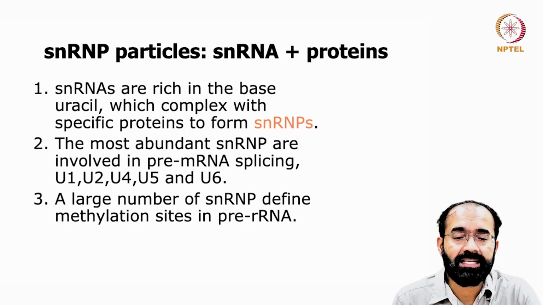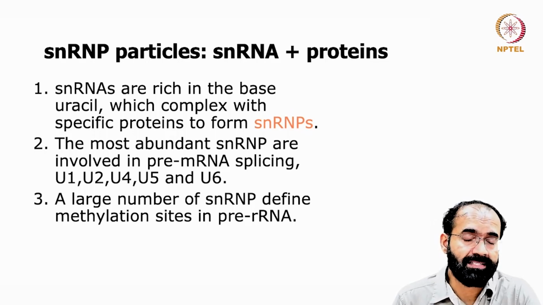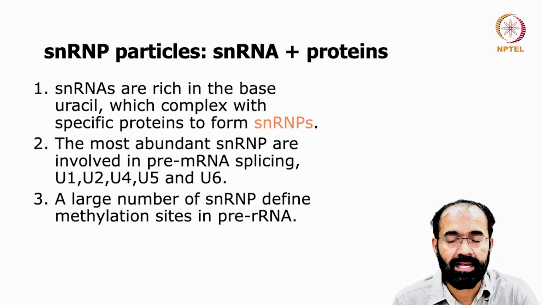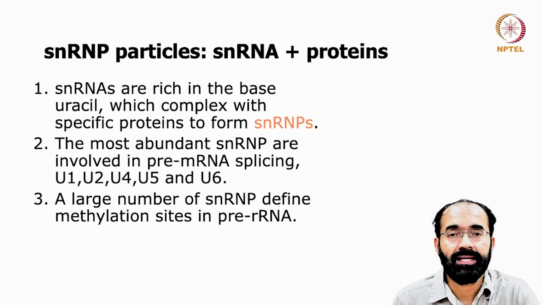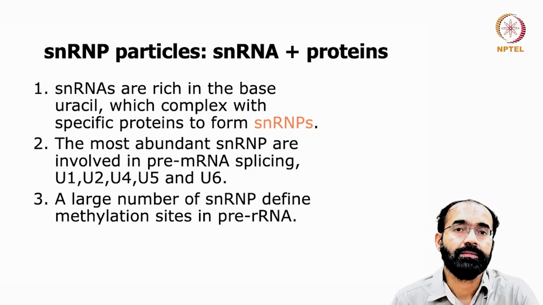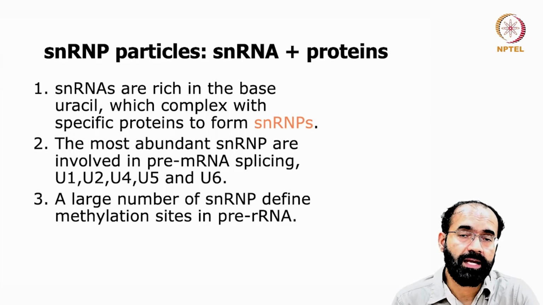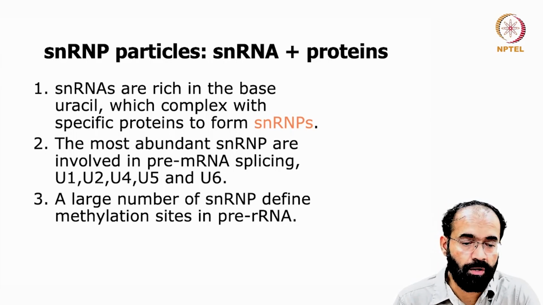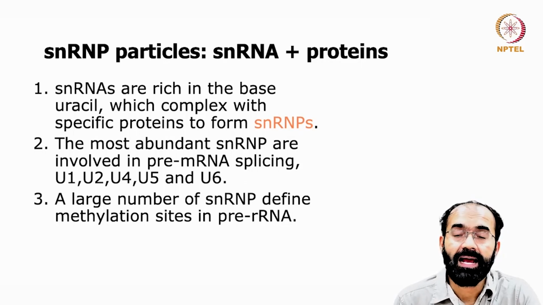And snRNA is another example of these RNPs, that is, these are spliceosomal RNA. We call it snRNA, and they are not mRNA. Their role is to help in the splicing. So they are encoded as separate genes elsewhere in the genome. snRNAs are rich in the base uracil, which complex with specific proteins to form snRNPs.